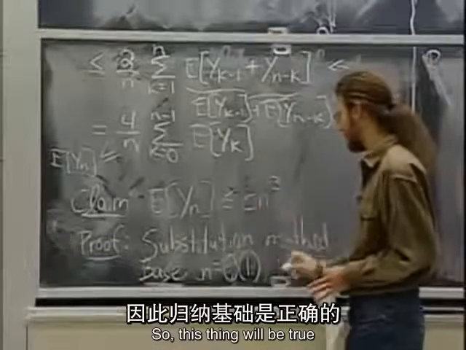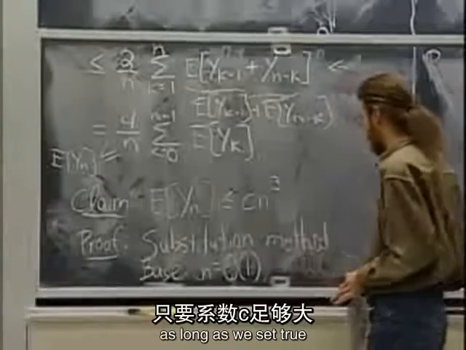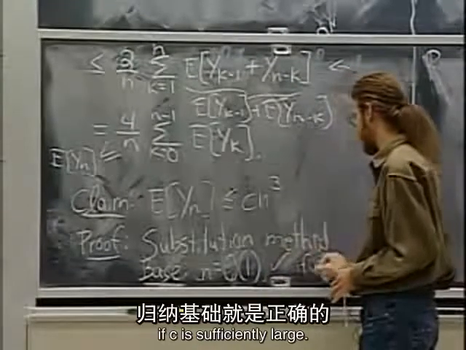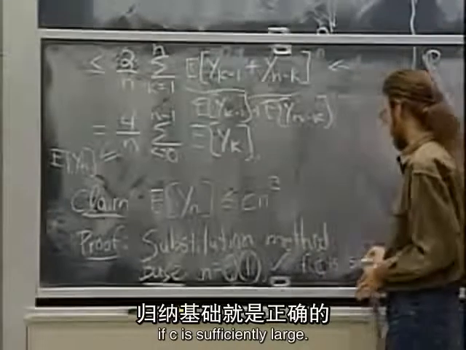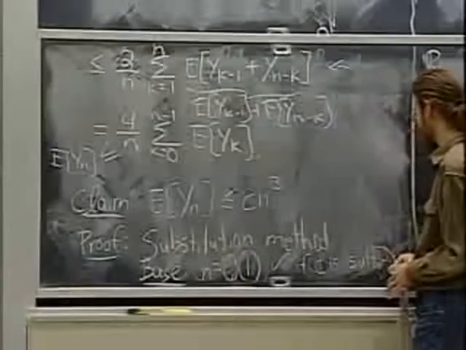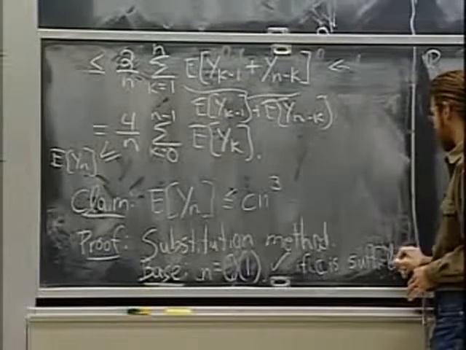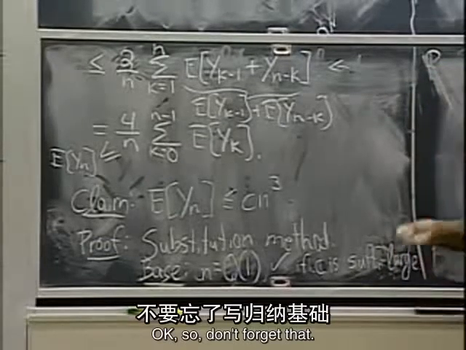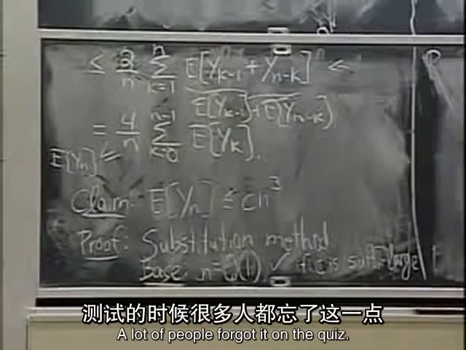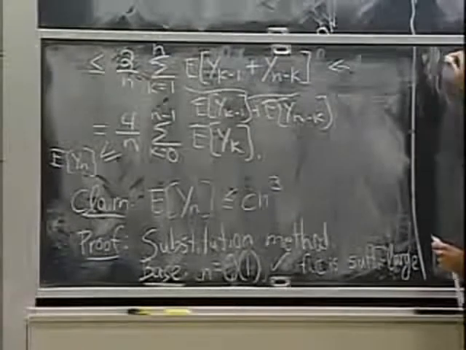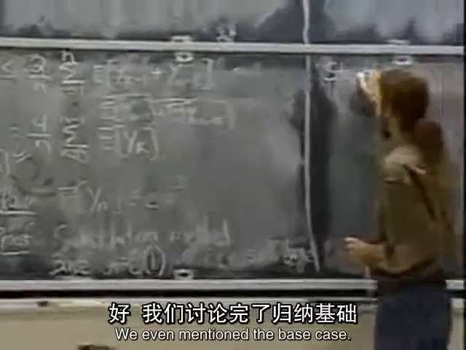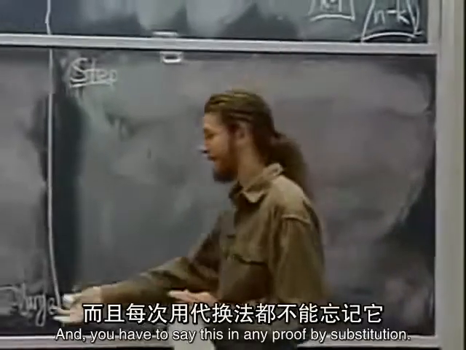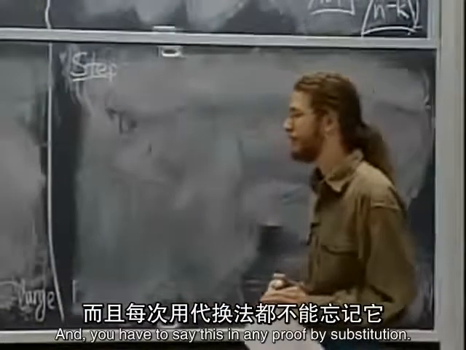So this thing will be true as long as we set C sufficiently large. Okay, so don't forget that. A lot of people forgot it on the quiz. Usually we don't even mention the base case, and you should assume that there's one there, and you have to say this in any proof by substitution.